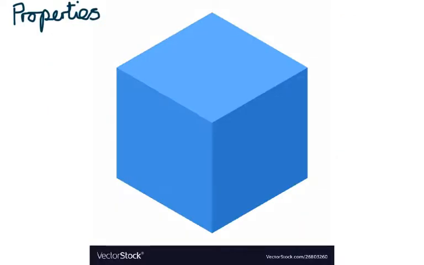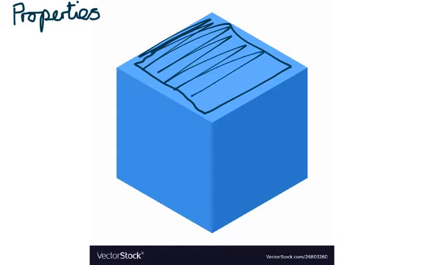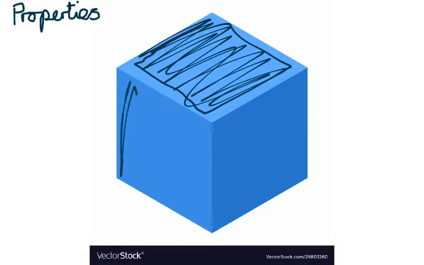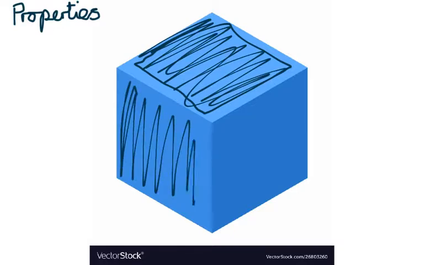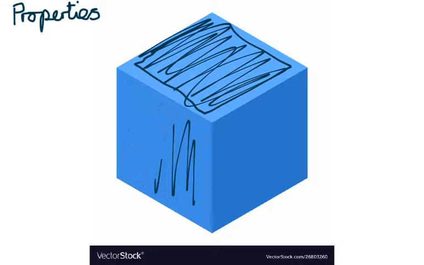So let's have a look at some properties, first of all, of 3D shapes, just to remind you what everything is called. So here we have a cube. And on this cube, we have the flat part, so the big flat parts. And on a cube, let's do that one in a different colour so you can see that one's different.